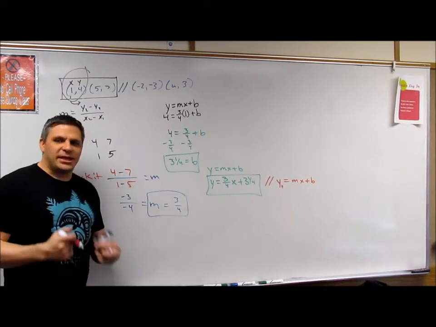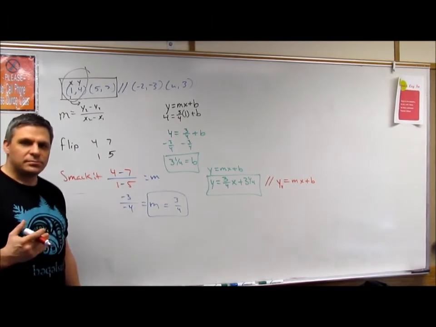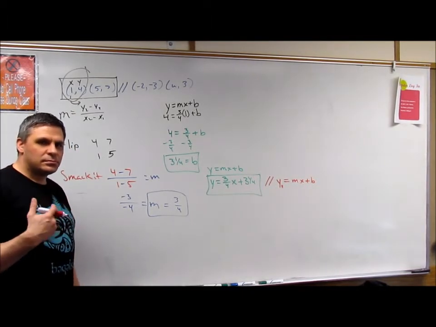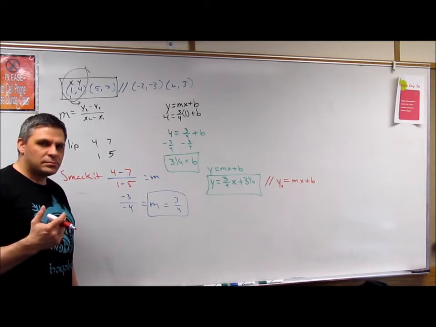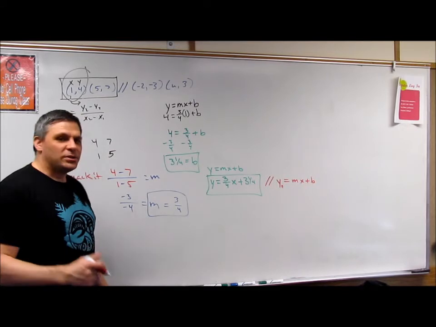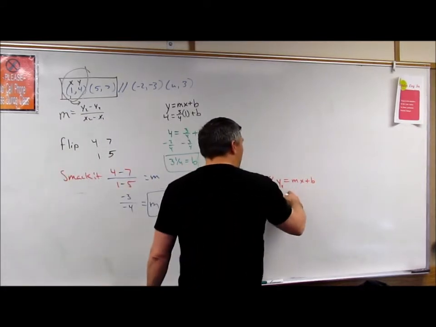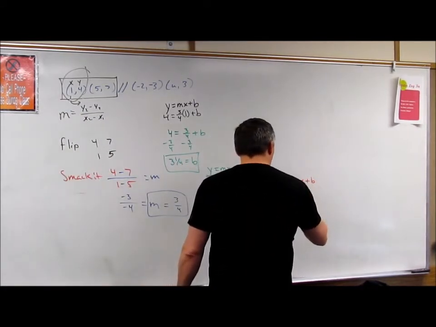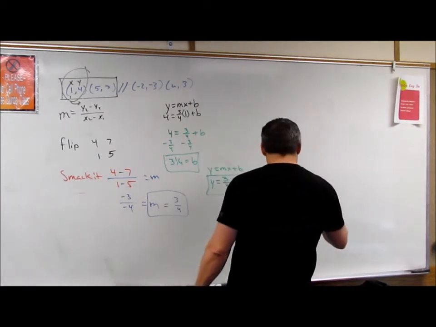So what's the thing with parallelism? That your two line slopes have to be the same, but the intercept can't be the same. That's right. So the slope, my parallel slope, m parallel, has to equal m.